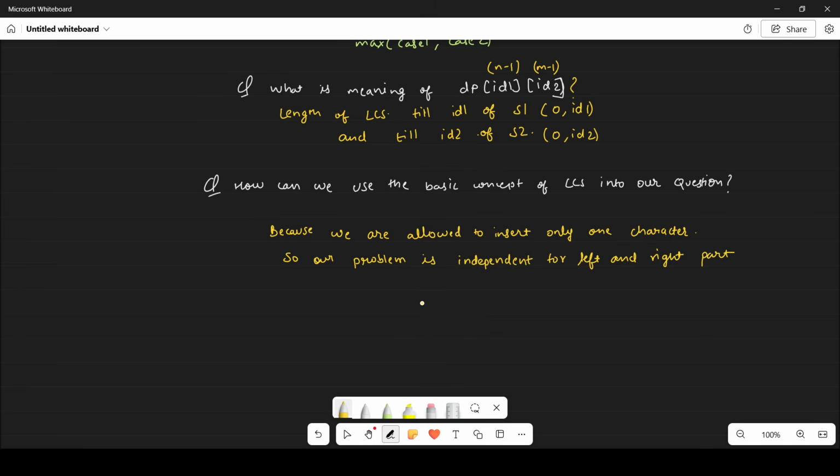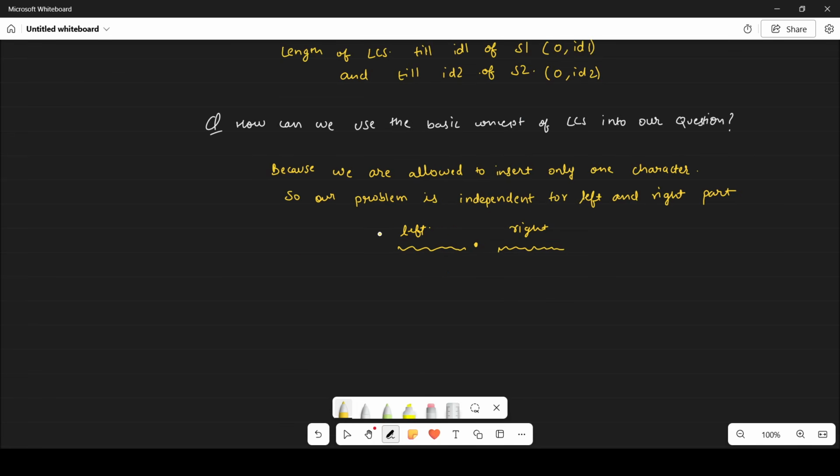So let's say your string is this length and you insert a character here, and this length is the left. So this is the right string and this is the left string, and you insert a character in between. So the left part is independent from the right part.